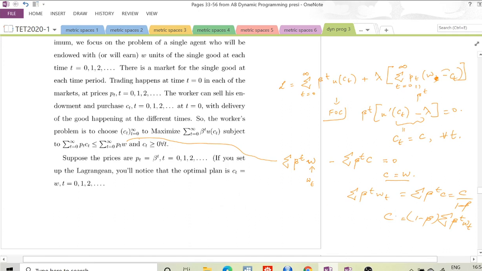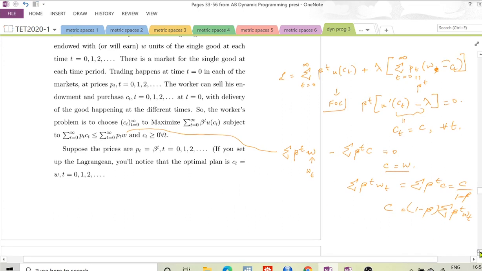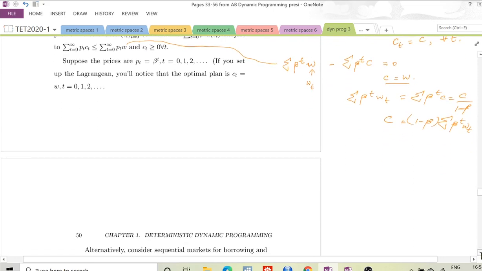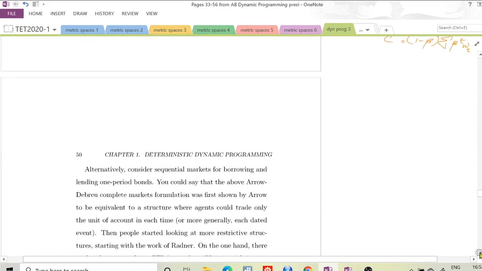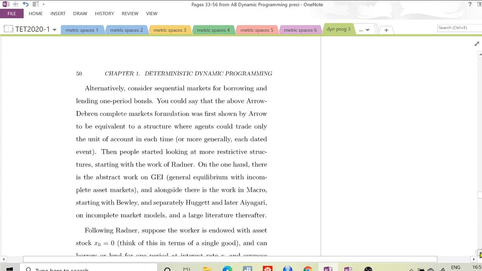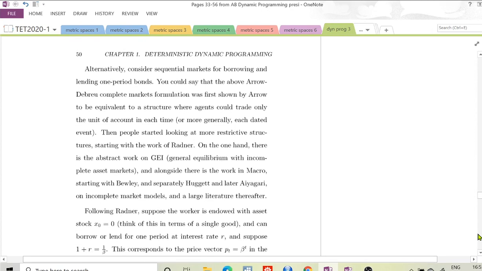Okay, so now that's Arrow-Debreu. But what happens if that's not how things work?